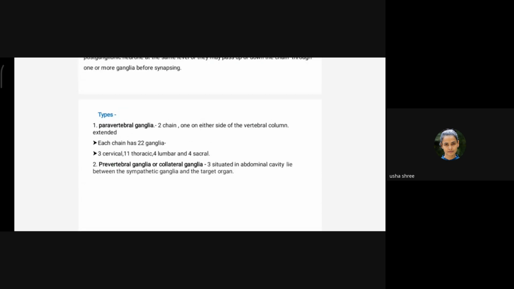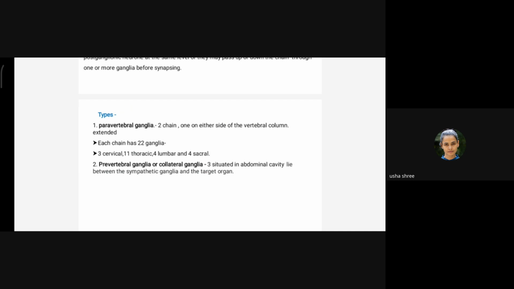Now types. What are the types of ganglia? Paravertebral ganglia, that is of two chains, one on either side of the vertebral column extended.